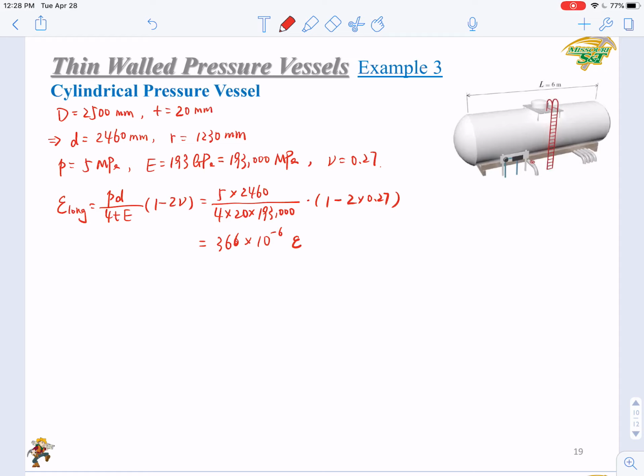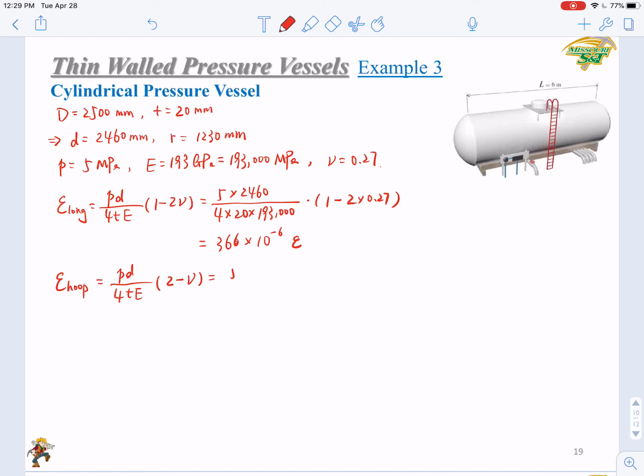Then along the hoop direction, you have PD over 4TE times 2 minus Poisson ratio.